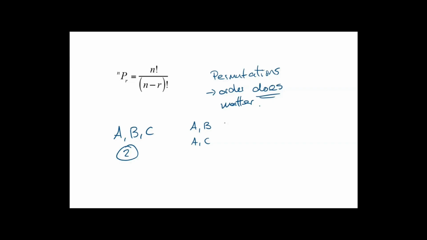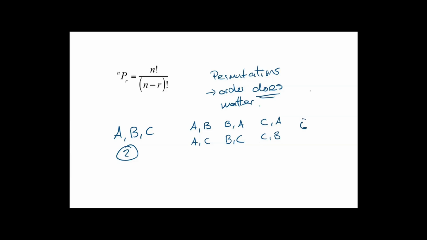Let's do all the ones where B comes first. B comes first and then A. Remember, these are different. AB and BA. They're the same thing if we didn't care about the order, but now that we care about the order, it does matter. And then we've got BC, and now we need all the things where C comes first, CA and CB.